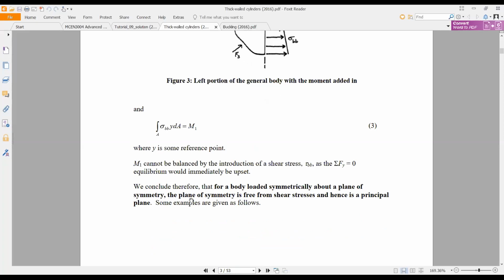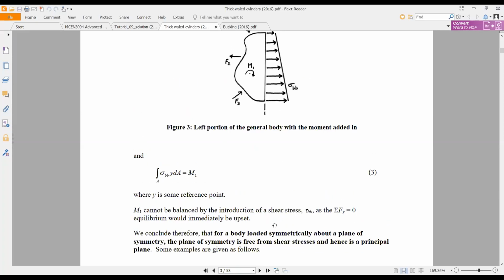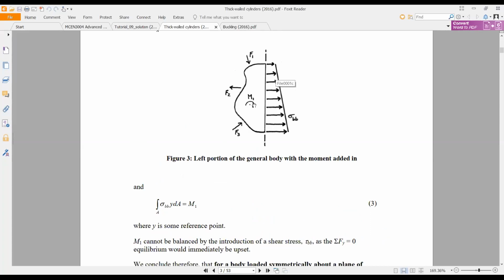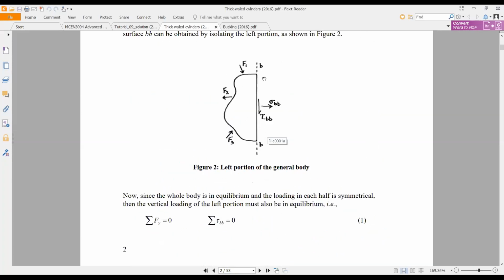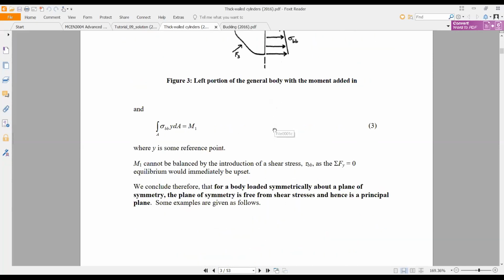Anyway, with this statement, you can easily get the idea. The selected plane, that means the BB plane, is the principal plane. If you remember, the importance of the principal plane is that there is no shear stress.